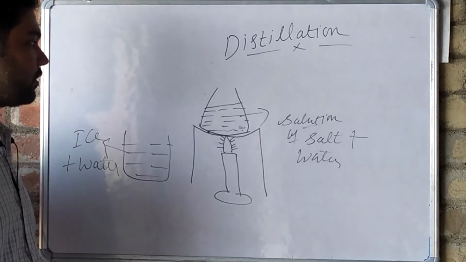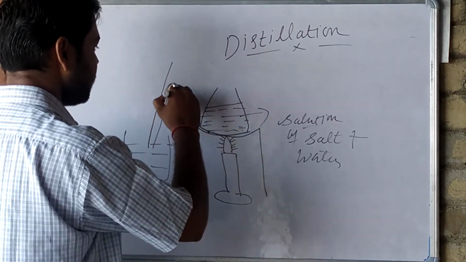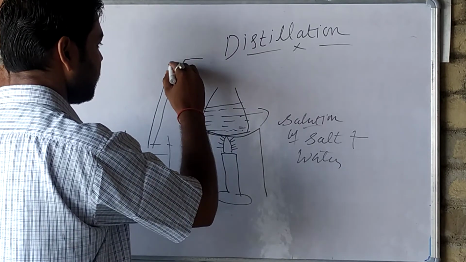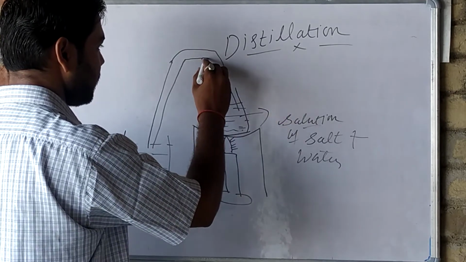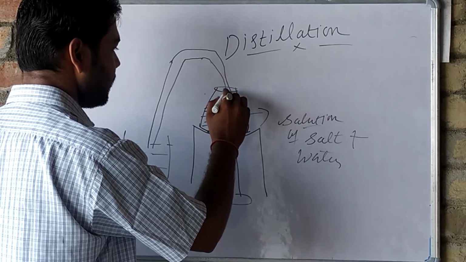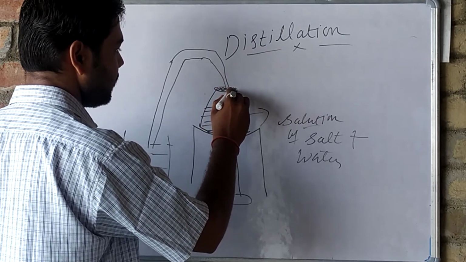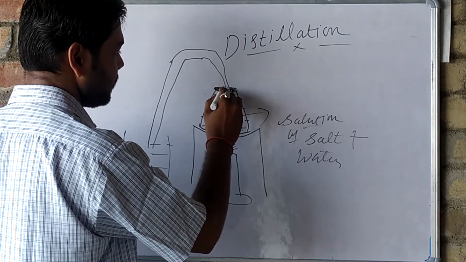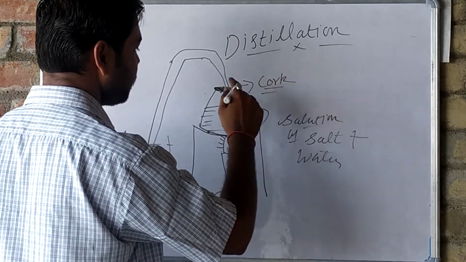A fine capillary tube will go inside this, and it will be covered with a cork. This is a cork placed on this.